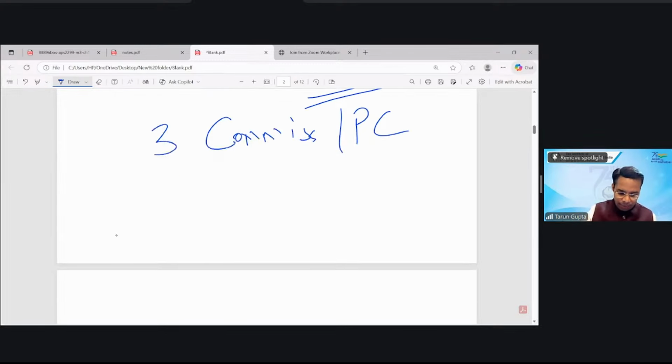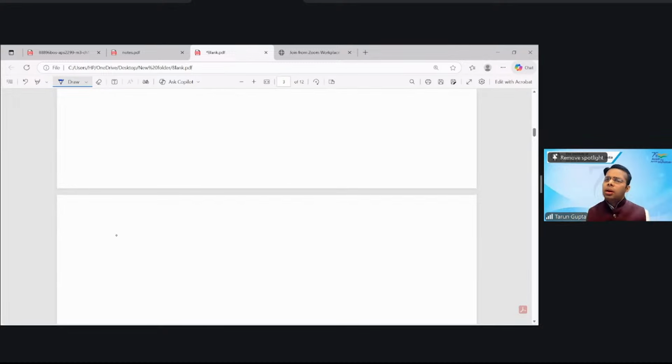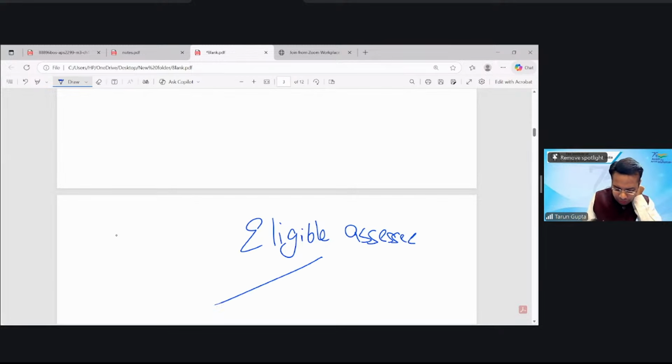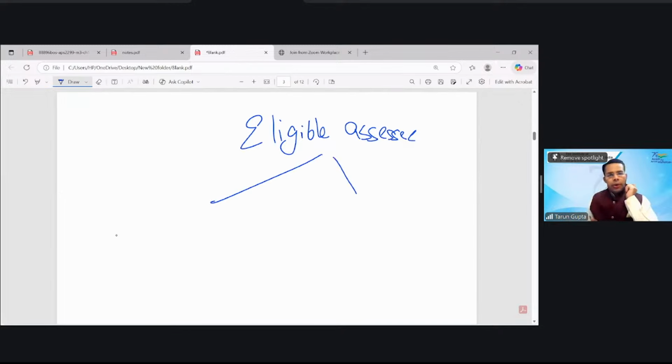So it's something equivalent to an appeal before the CIT appeal. If you are an eligible assessee, we will study in a minute who is an eligible assessee, then after the assessment you have two options, my friends. What are the two options?